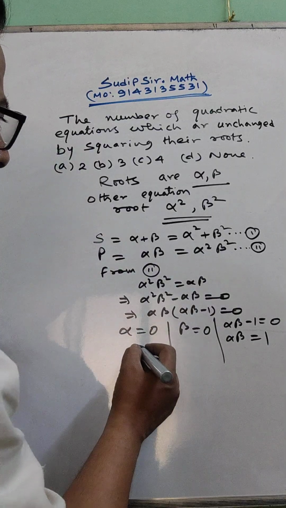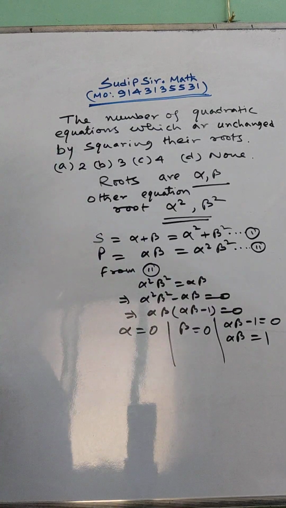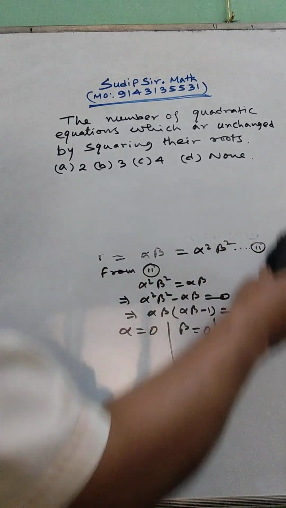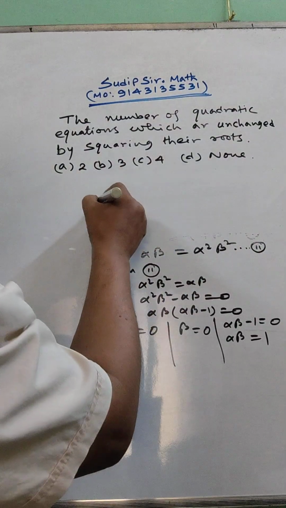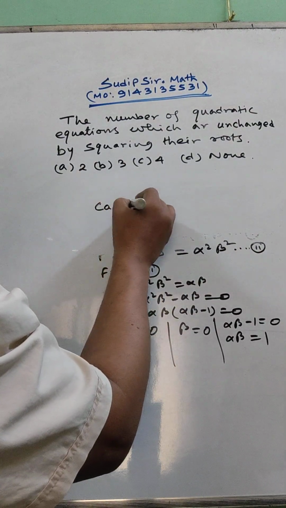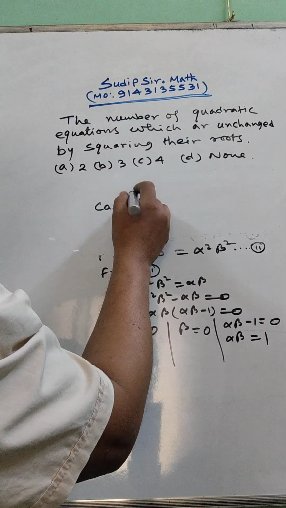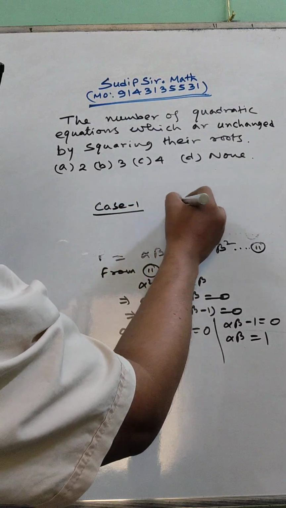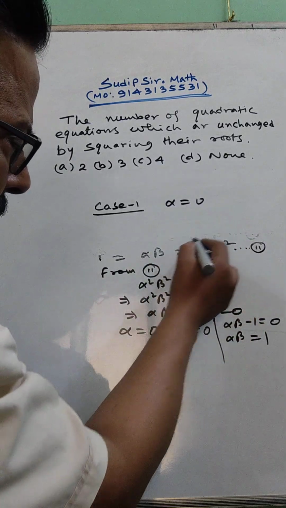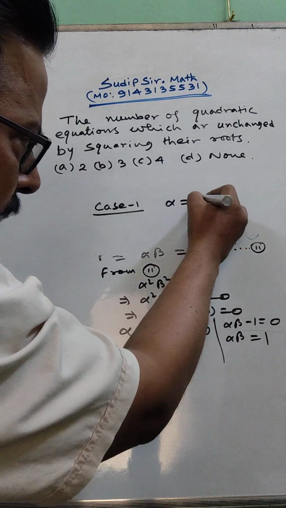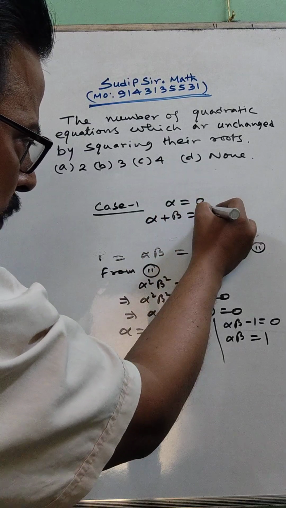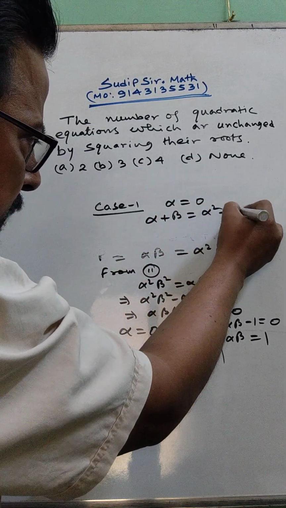Now case 1. Alpha equal to 0, and our another condition was alpha plus beta equal to alpha square plus beta square.